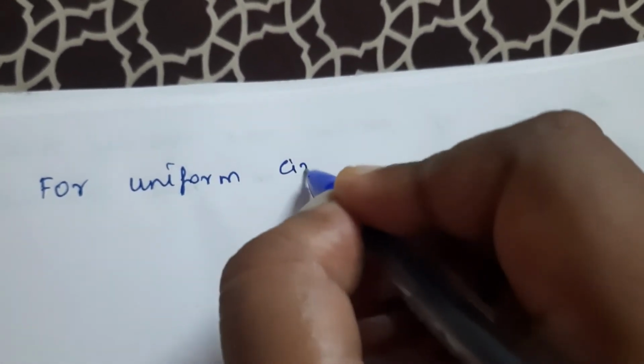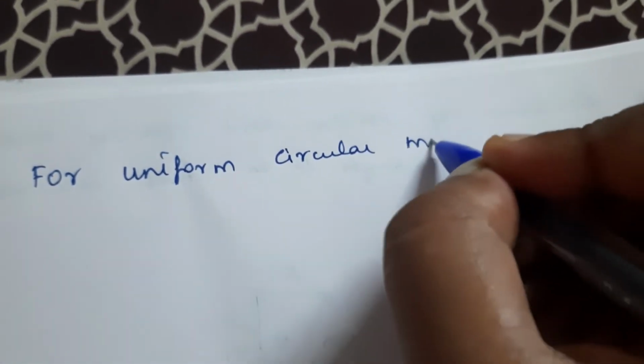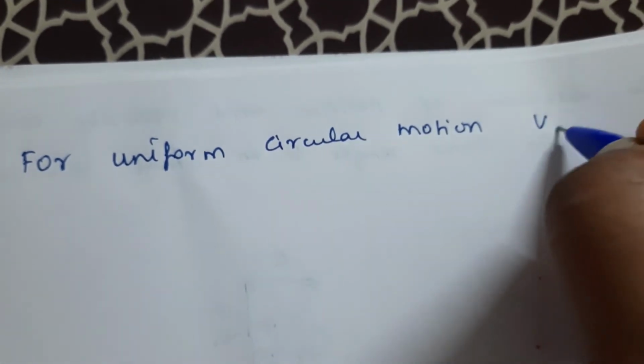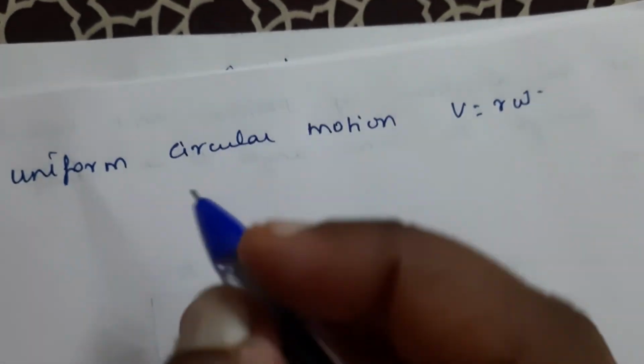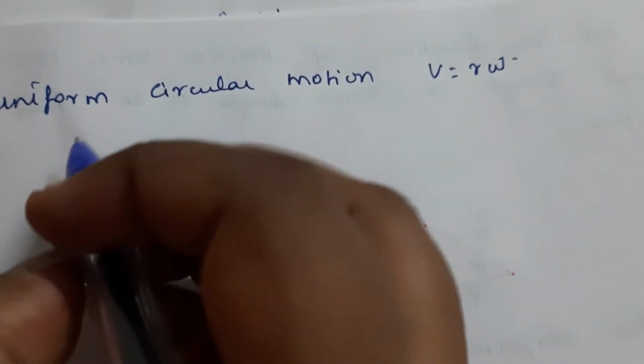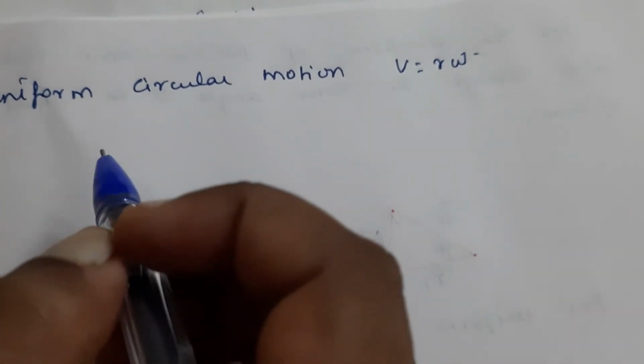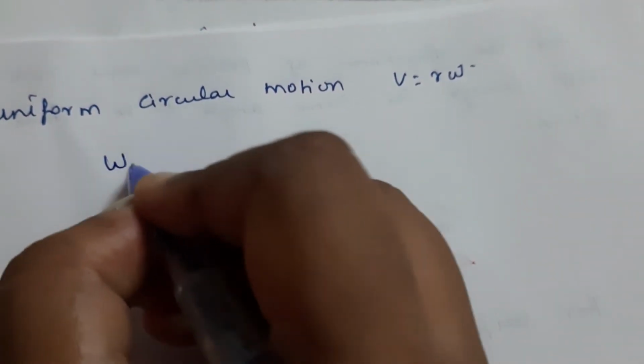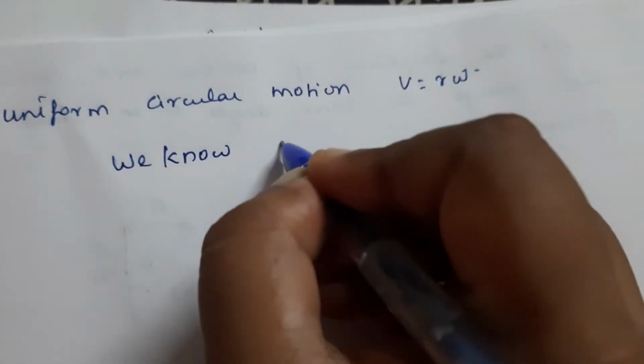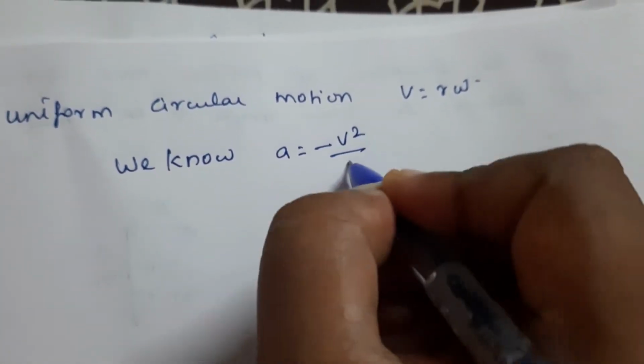Now for uniform circular motion, v is equal to r omega, where v is linear velocity, r is radius, and omega is angular velocity. We know a is equal to minus v square by r.